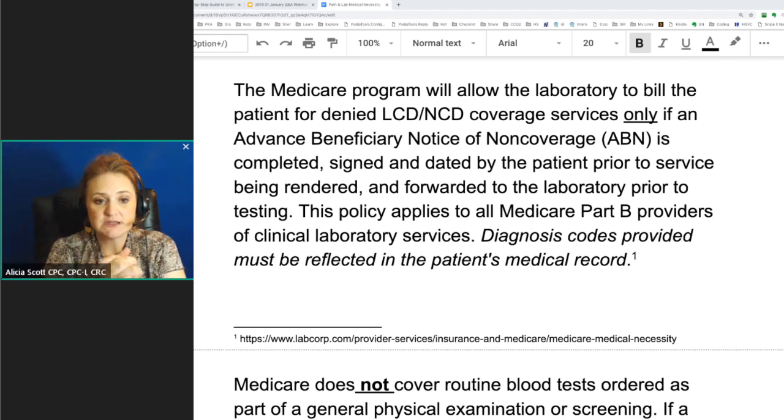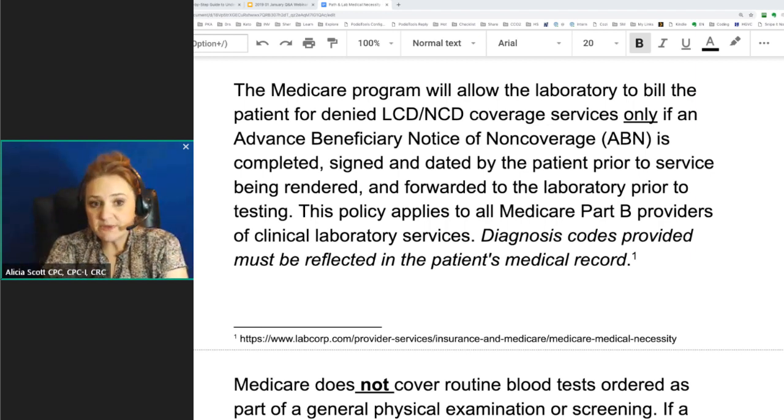When you have a patient fill out an ABN, it's Advanced Beneficiary Notice of Non-Coverage. They're saying, hey, this might not be paid by Medicare, and this is how much we expect it to cost. It's going to cost $50. So if they don't pay, you're acknowledging ahead of time you might be responsible for that. They're not going to mess with it if they don't have an ABN in place. Just keep that in mind.